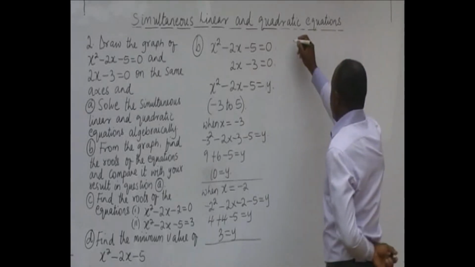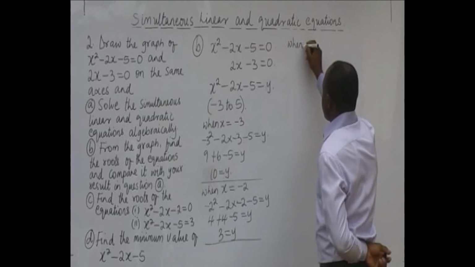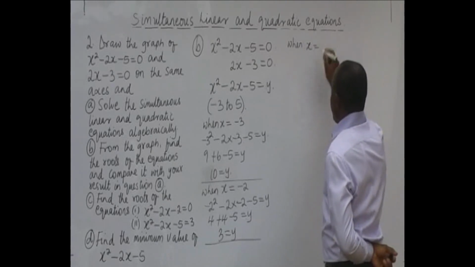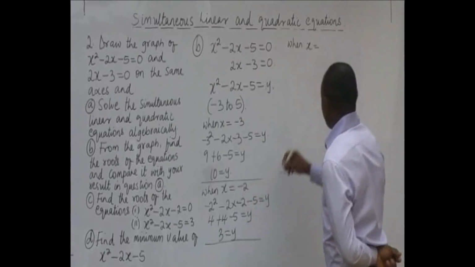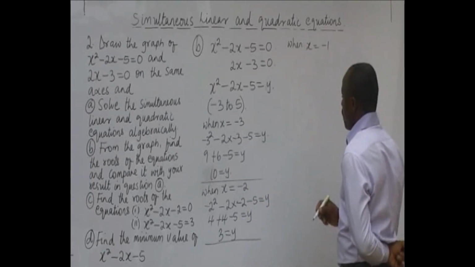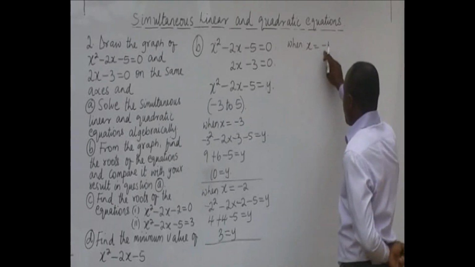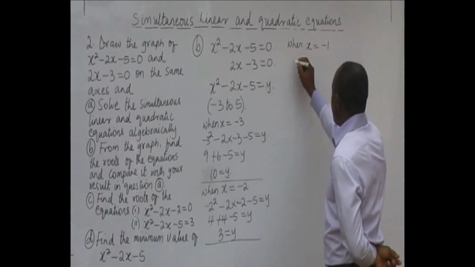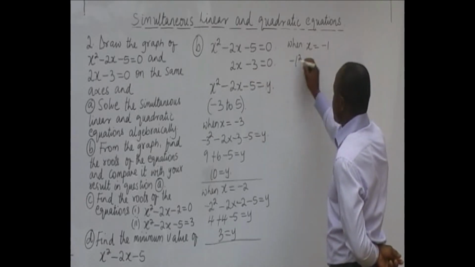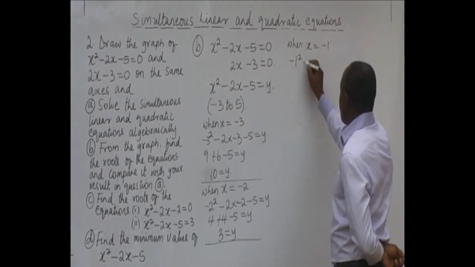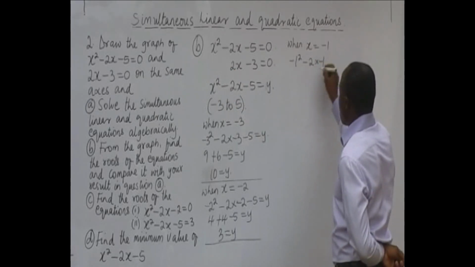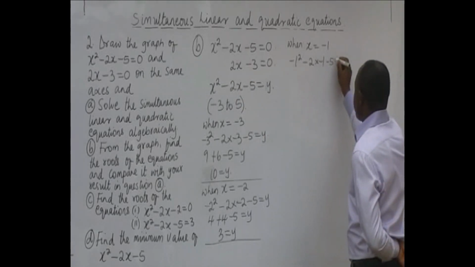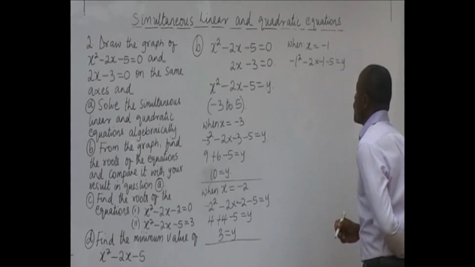The next will be when x is, after minus 2, you have minus 1. Begin to substitute the value of x, which is minus 1 now, in the equation. We are going to have minus 1 squared, replacing x squared, minus 2 times minus 1, replacing minus 2x, then minus 5 is equal to y.